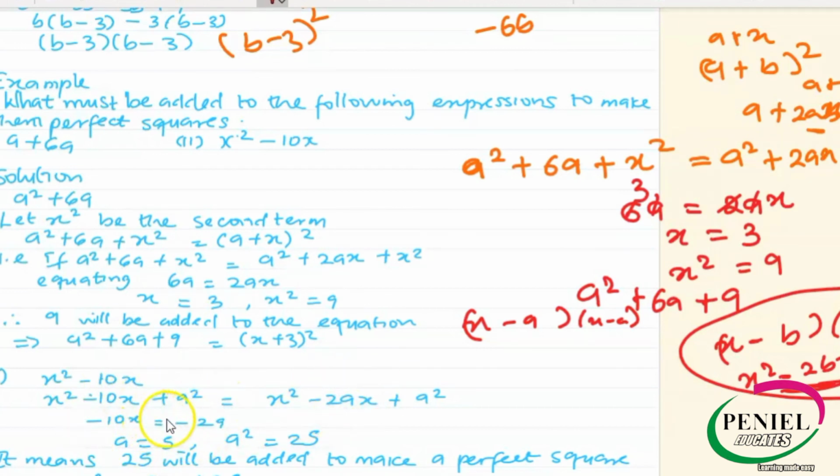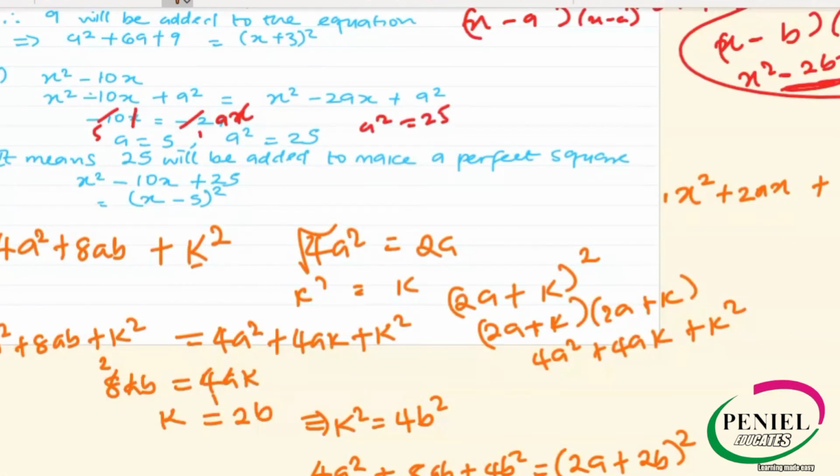So x cancels, and a would then be 5. So a is 5, and a squared is equal to 25. So what we need to add to this expression is actually 25.